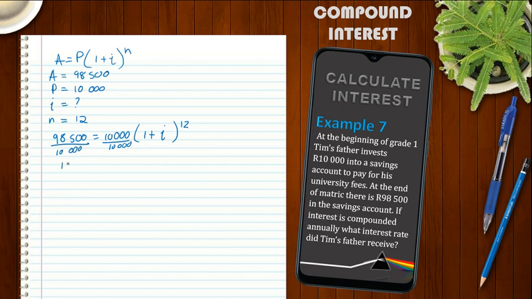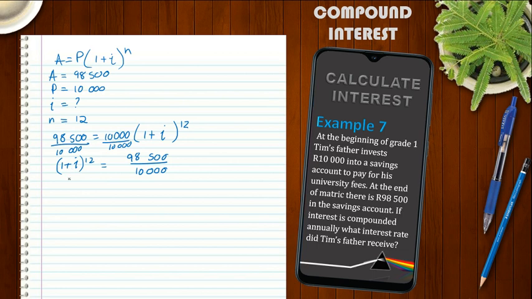And that leaves us with (1 + i)^12 equals 98,500 over 10,000. I'm just going to write it as it is. I believe the less simplification I do, the less chance for making a mistake somewhere.